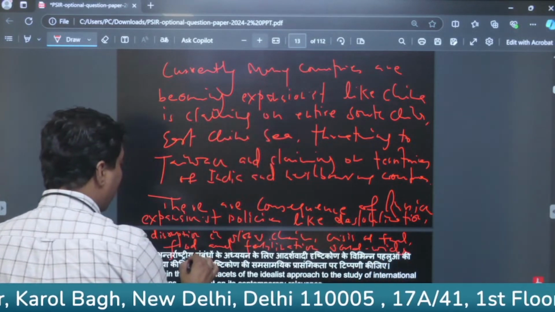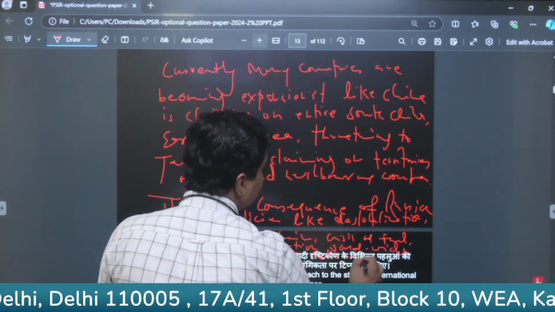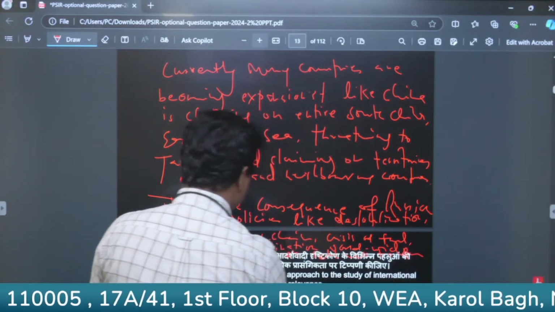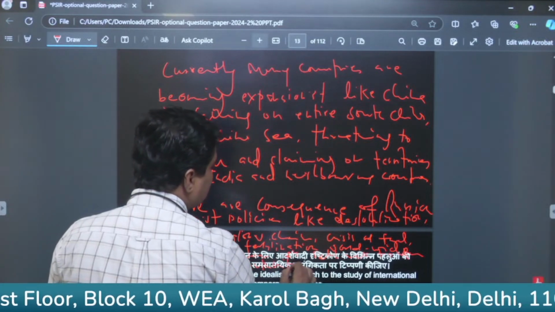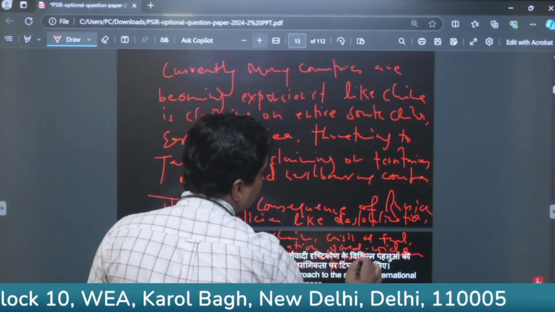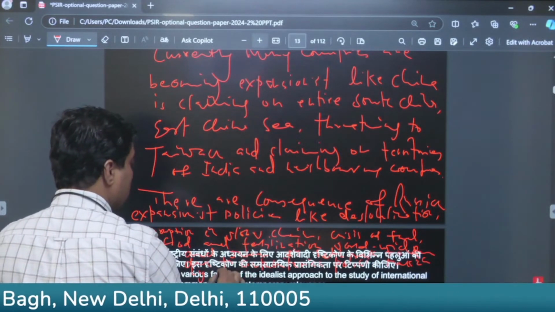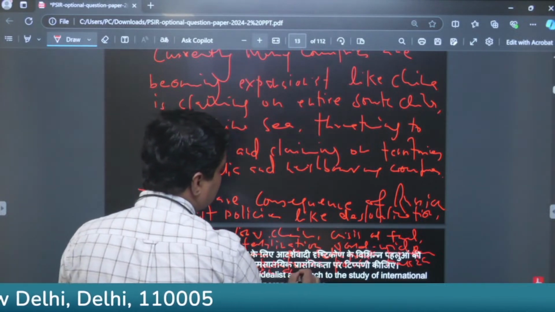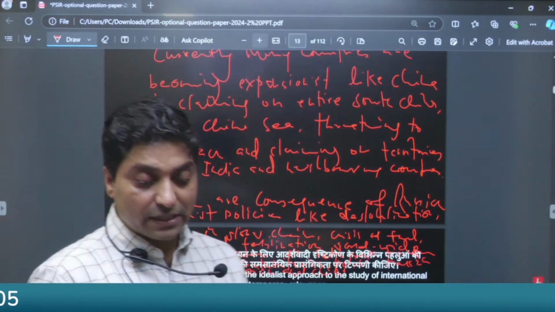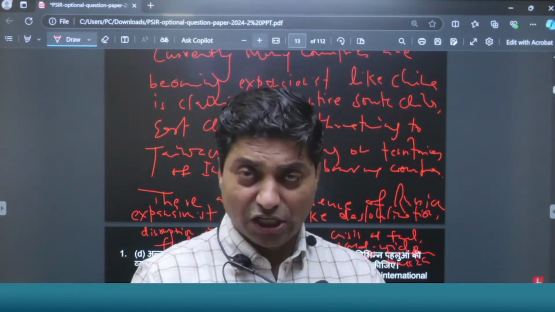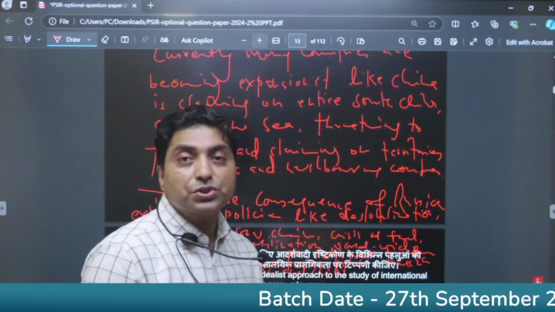And there is a setback to democracy due to authoritarian policies taken by Russia and China. Right? China, Russia wants to glorify the USSR. It is becoming expansionist. So this is how you should treat this question.